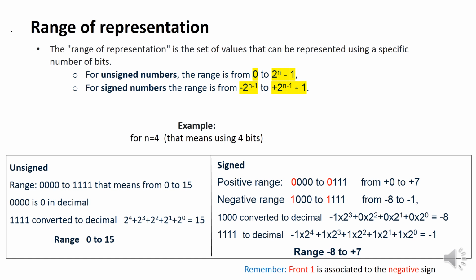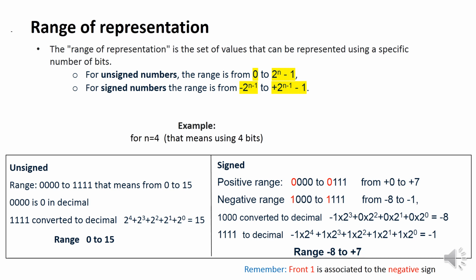And the negative range is from 1000 to 1111, that means from -8 to -1, because 1000 converted into decimal is -8, and 1111 into decimal is -1. So altogether the range is from the lowest -8 to the highest +7.